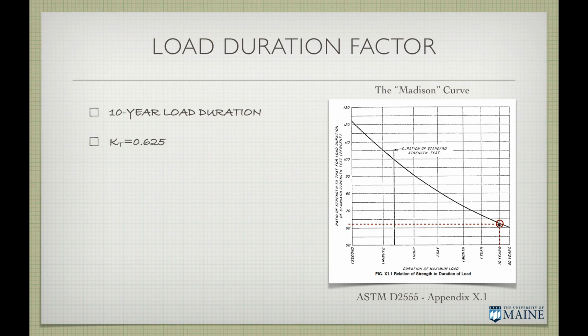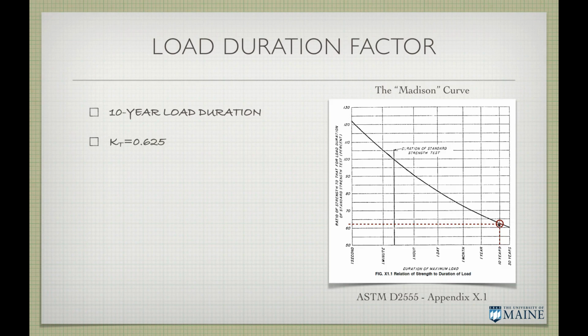So what that means is when you look up the design values for wood to build a structure, it is assuming that a load will be on there for 10 years. This building's going to be around a long time. So that is your base design load, except for E and FC perp.